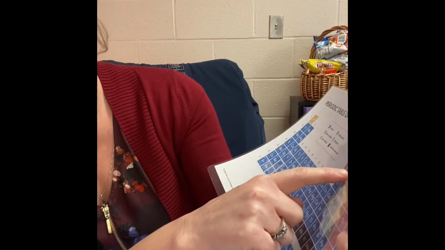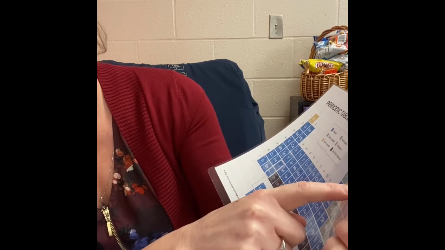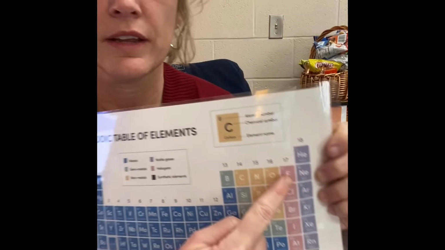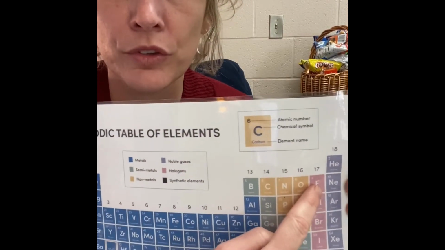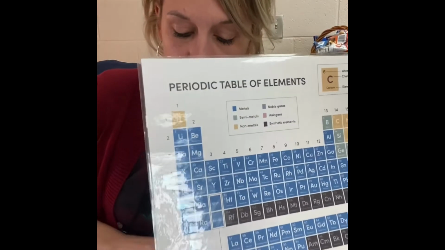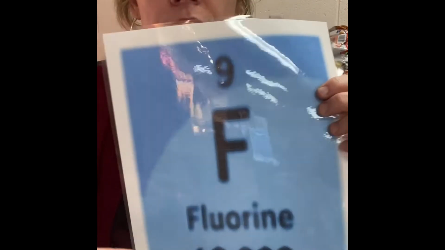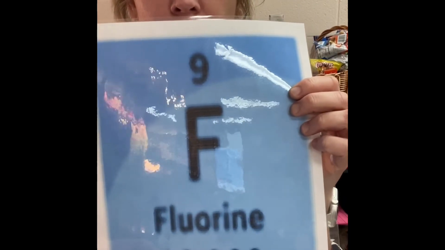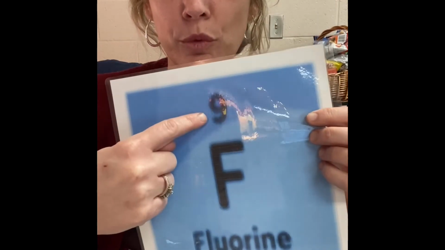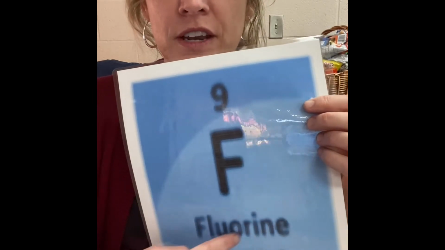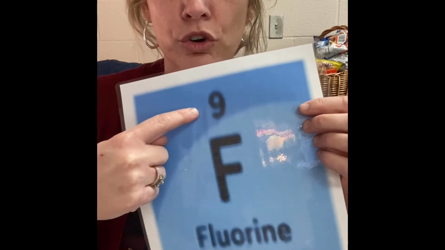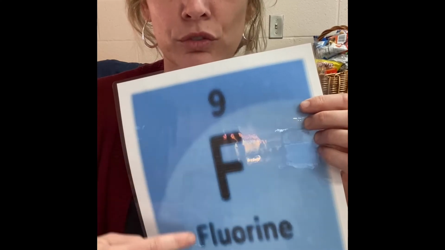So carbon is 6, nitrogen 7, oxygen 8, fluorine is here at 9. Its atomic mass is 18.99. So that's a combination of protons plus neutrons. So if we wanted to figure out neutrons, since we already know protons, we're going to round this to 19 and then subtract 9. We have 10 left. So fluorine actually has 10 neutrons.